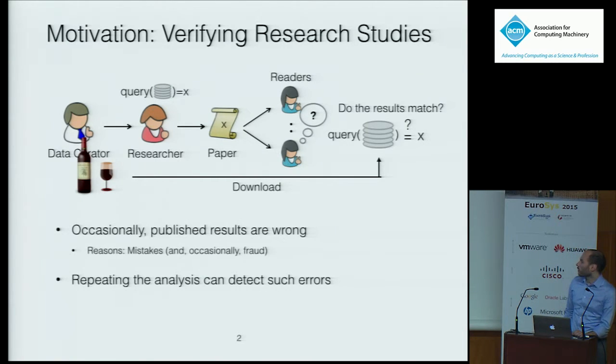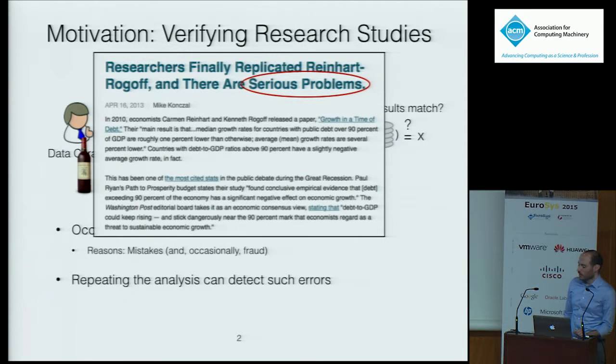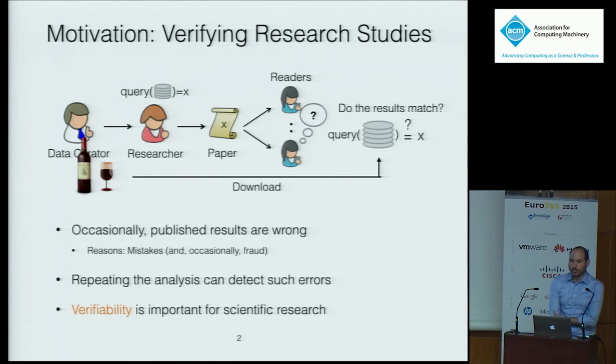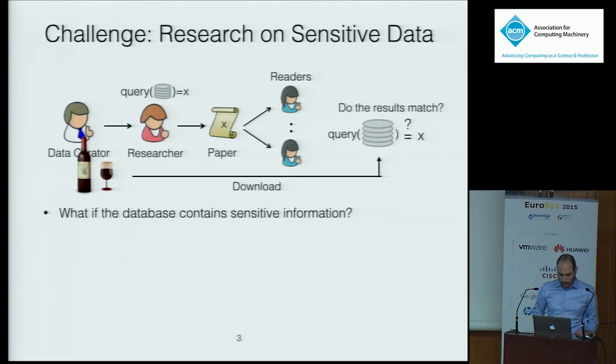And unfortunately, mistakes in research do happen, and when they do, they make big, embarrassing headlines like this one, in which a paper published by two prominent economists was recently found to contain serious calculation errors. So we can see that verifiability is very important for scientific research.